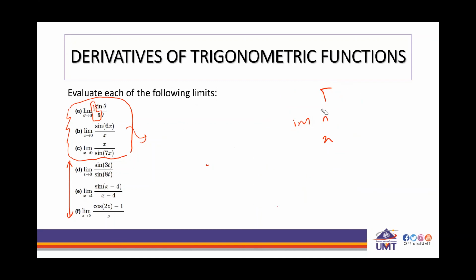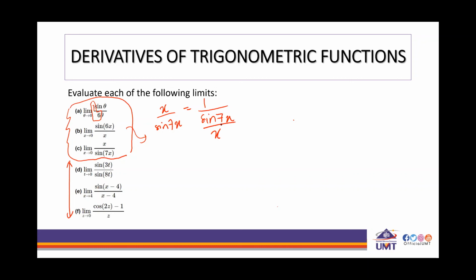Okay, moving on to question C. Limit of x over sine 7x. Just like the previous question B, but you have to twist it a bit. For x over sine 7x, we can also write it as 1 over sine 7x over x, right, students?